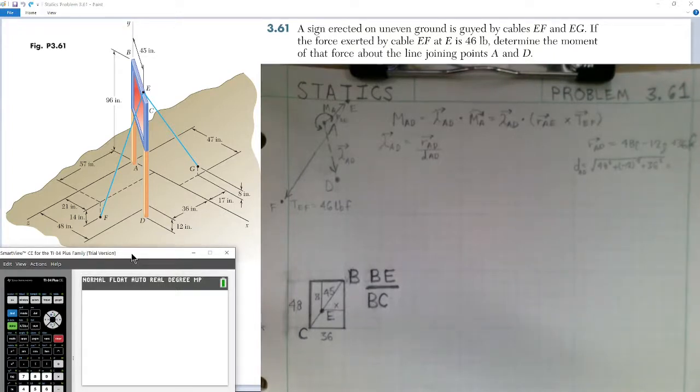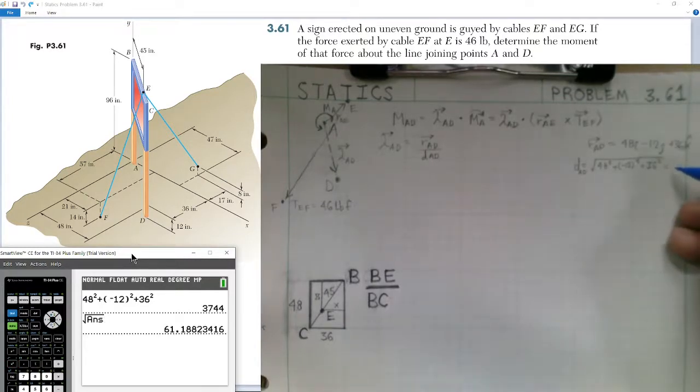We have 48 squared plus, in parentheses, negative 12 squared. Make sure we put the square outside the parentheses. And then plus 36 squared. So we square root this number. We determine our distance from A to D is approximately 61.2 inches.